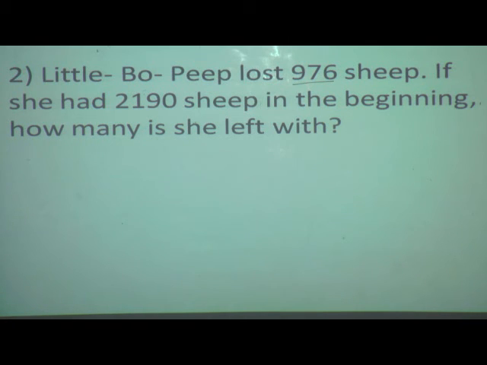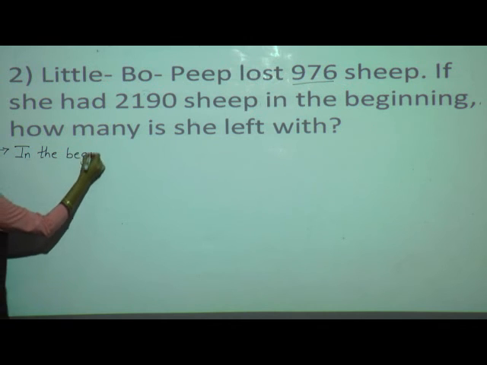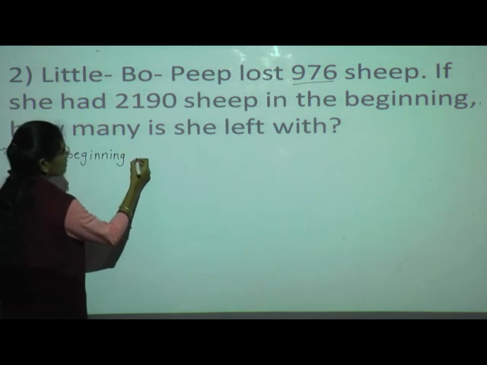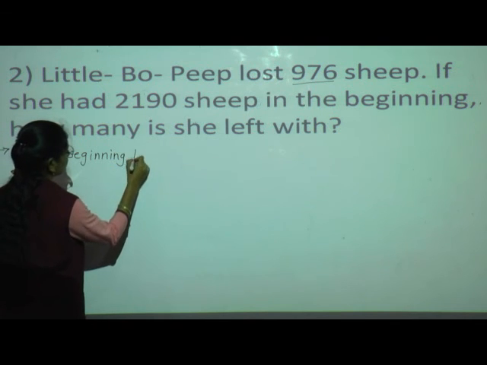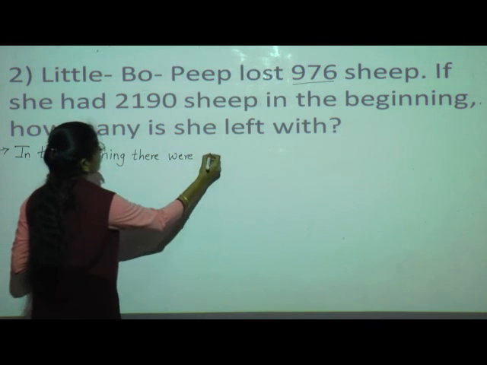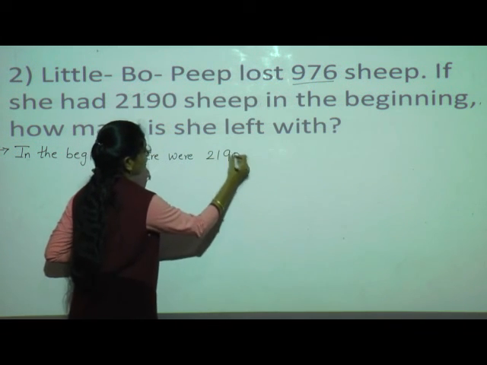Okay, then how will you solve? First of all, what will we write? Number of sheep in the beginning. In the beginning, how many sheep were there? There were 2190 sheep.